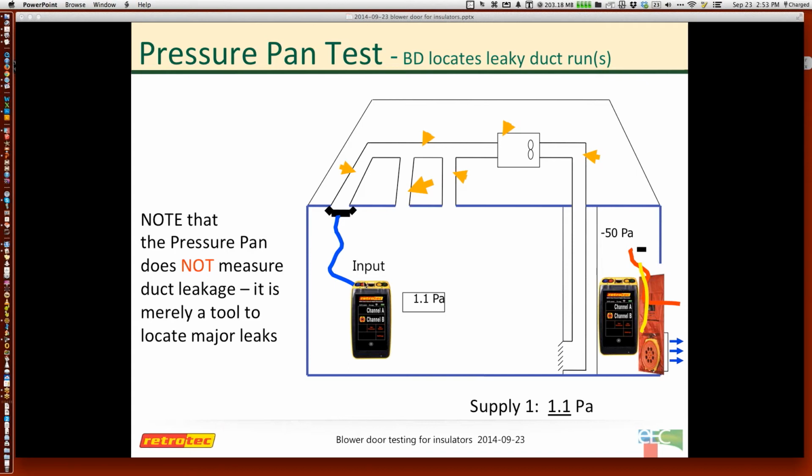If I compare it to the interior, then anything in here is 0, it's in the house. If I compare it from the inside to the attic, then it actually should be 50 because the attic should be outside. Or if I put it over a receptacle on the wall and it reads 47, then I know I have connections between the actual wall and the outside of the house.